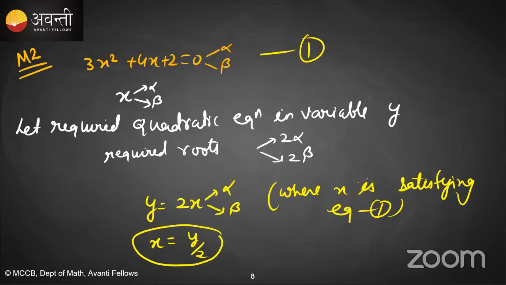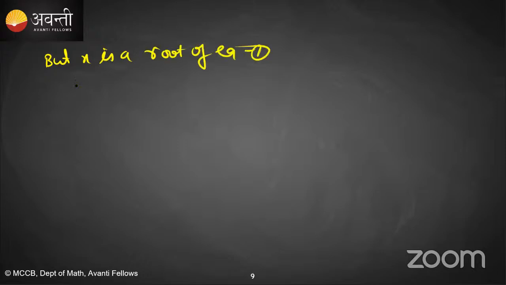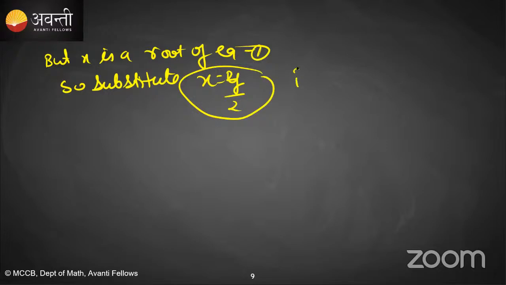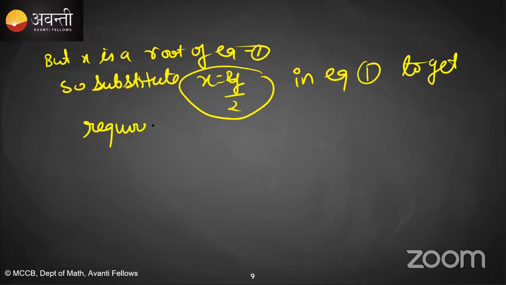But you know x is a root of the above equation, right? So let's call this equation 2, okay? But x is a root of equation 1, right? So substitute x is equal to y by 2 in equation 1 to get the required equation. Is this clear?